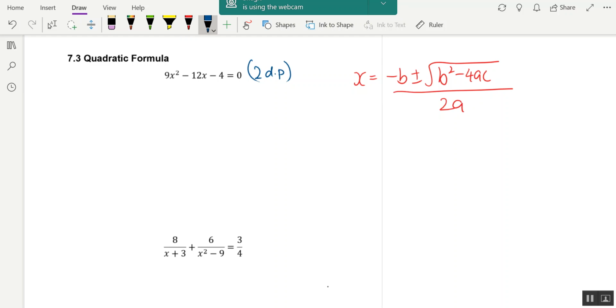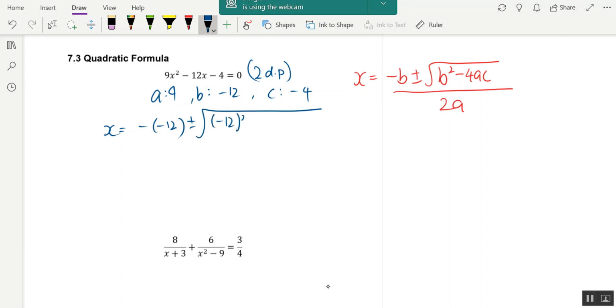Looking at this question, once you form the quadratic equation with the left side equal to 0 on the right, write down a, which is 9, b is negative 12, c is negative 4. Then we write down x equals minus of minus 12, minus b plus minus square root of b squared minus 4ac, over 2a.